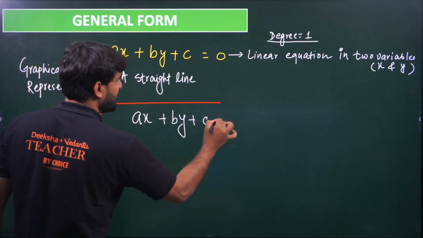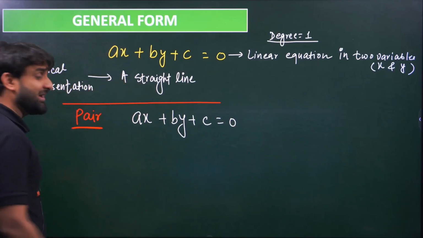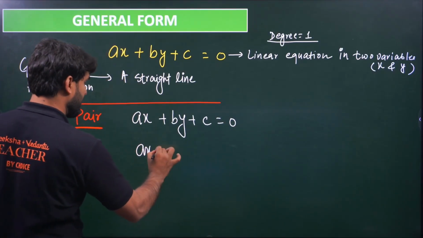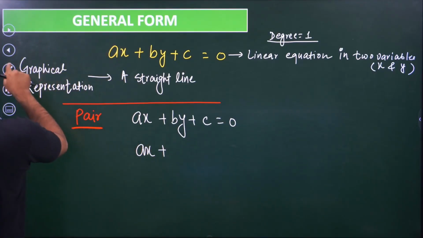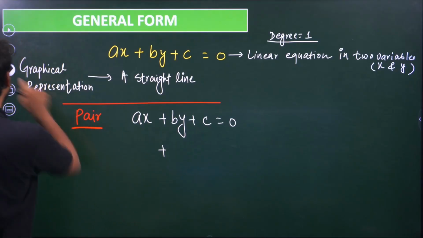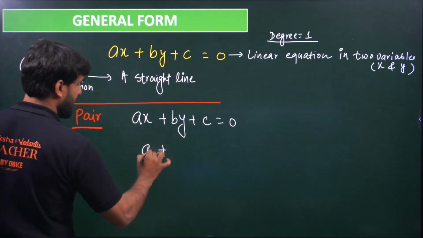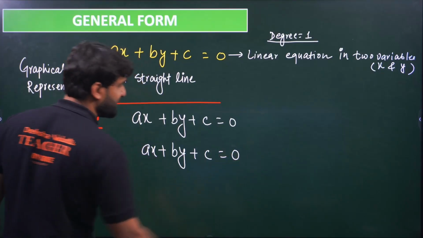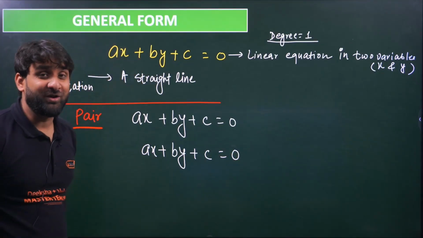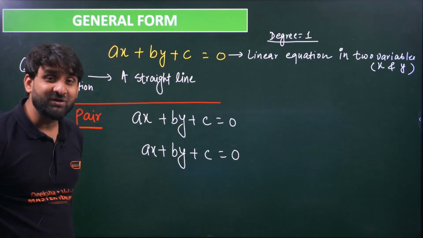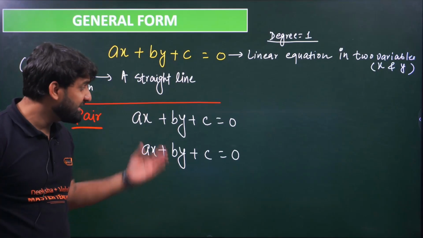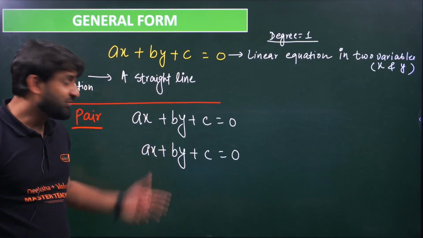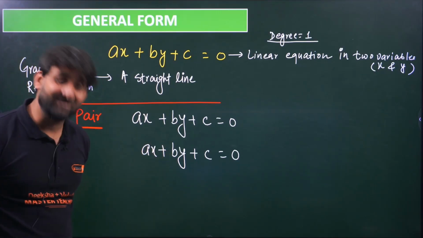One we have, this is the first linear equation, and the second will be one more. Again we have one more equation, ax plus by plus c is equal to 0. I know you must be wondering, sir, both the linear equations look alike, the same. So is there no difference? There is a difference.